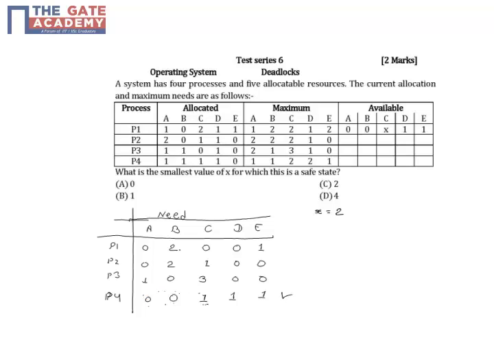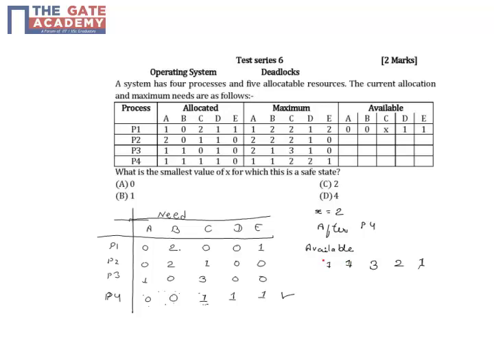So after completion of P4, when x is equal to 2, my available will be equal to 1 1 3 2 and 1, just because the allocation of P4 will be added.